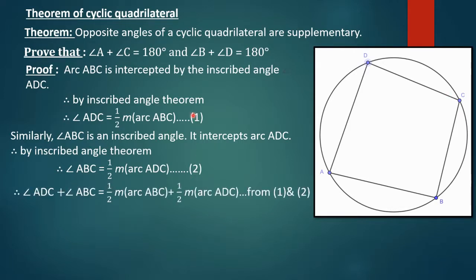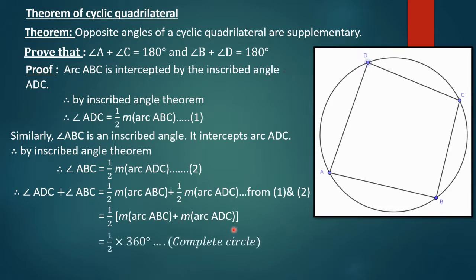By adding 1 and 2, we get angle ADC plus angle ABC is equal to half of measure arc ABC plus half of measure arc ADC. By taking the half common, we get measure arc ABC plus measure arc ADC.